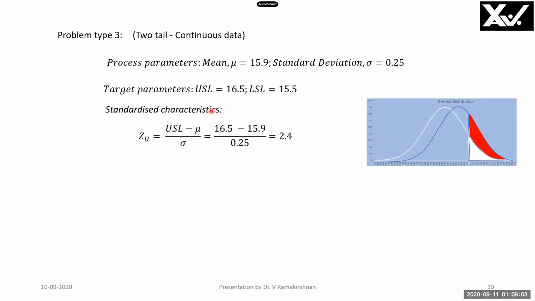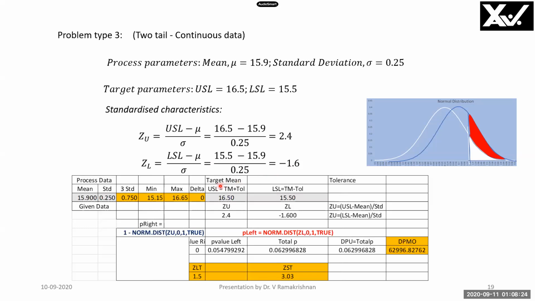So ZU, upper Z, is USL minus mu by sigma, which is 16.5 minus 15.9 by 0.25, which is 2.4. Lower Z is minus 1.6, because 15.5 minus 15.9 is minus 0.4, divided by 0.25 is minus 1.6.